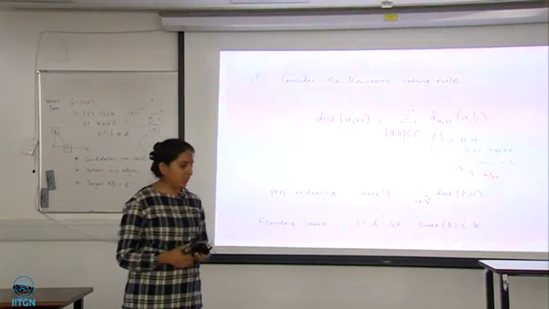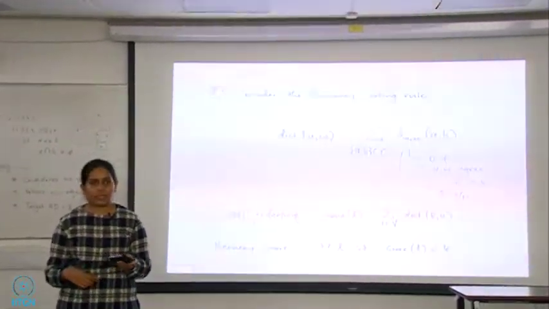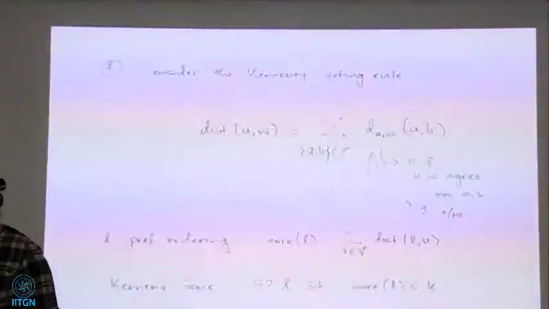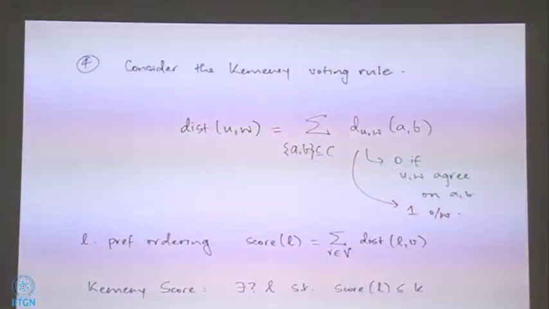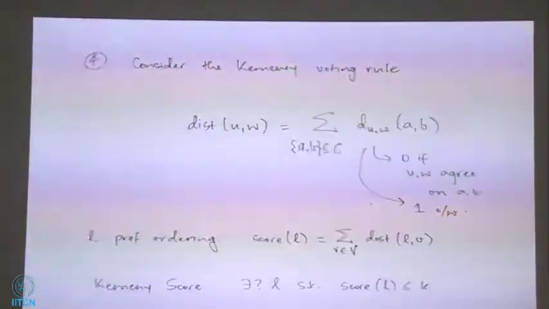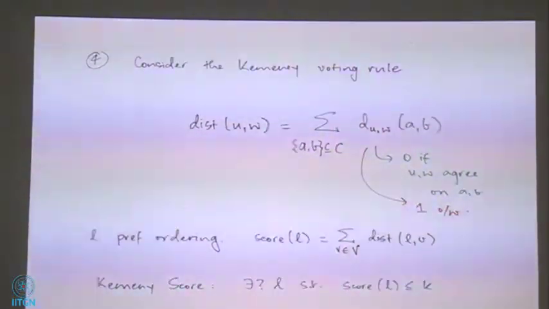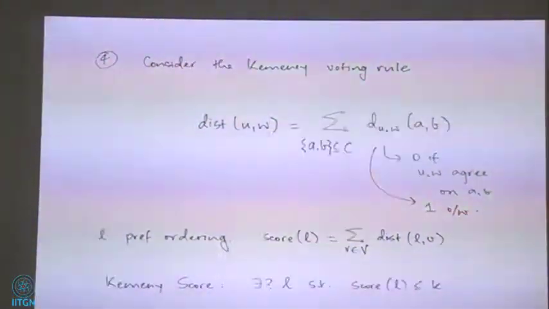If you pick this candidate, you're going to get that sort of a score anyway. So if you think about that just a little bit more, you should be able to argue the optimality of greedy. Okay, so rank the candidates in terms of number of approvals and pick the top k. That should work.